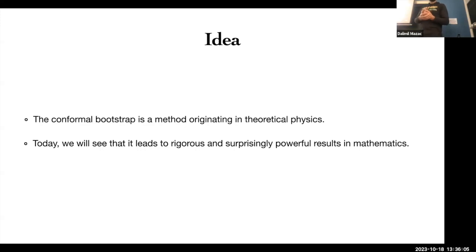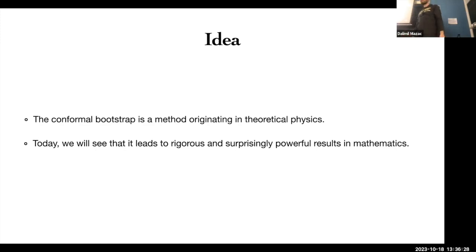But today I'm going to use the same method to not talk about conformal field theories, but rather I will see how it leads to some new rigorous and rather surprisingly powerful results in mathematics. So I'll apply it to some rather familiar mathematical objects, which are not conformal field theories, and see how it rigorously applies and can teach us something new.